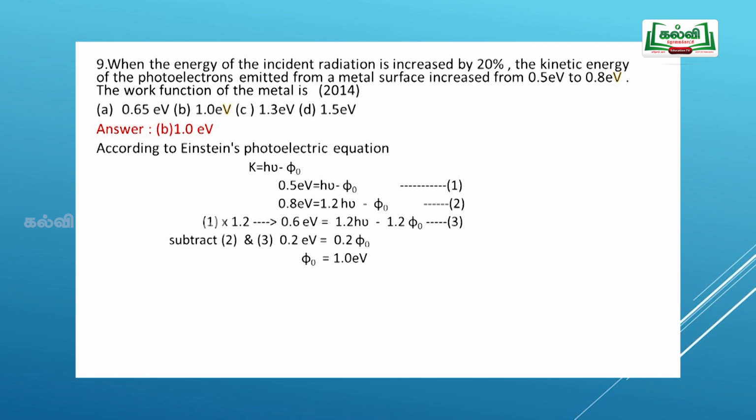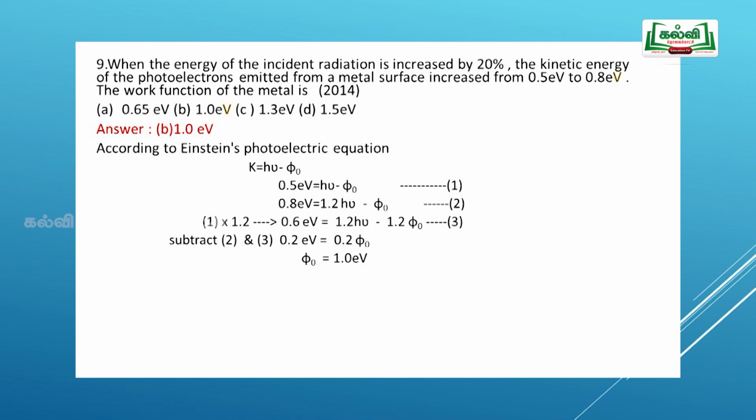It is given here that the incident radiation is increased by 20%. Increased by 20% means, if h nu is the incident energy, 120 by 100, which is 1.2 h nu, is the increased incident energy. The kinetic energy changes from 0.5 to 0.8, so we take two equations.